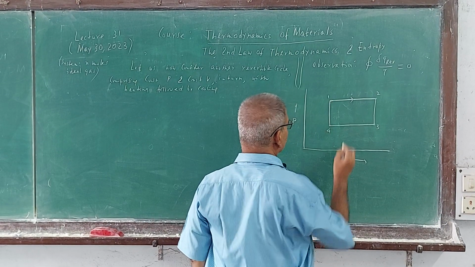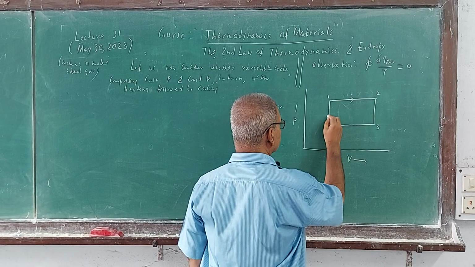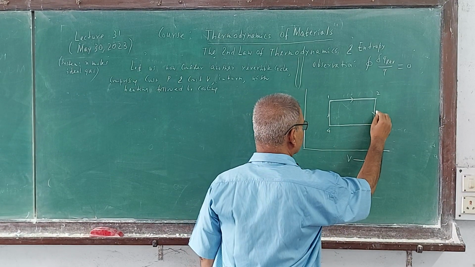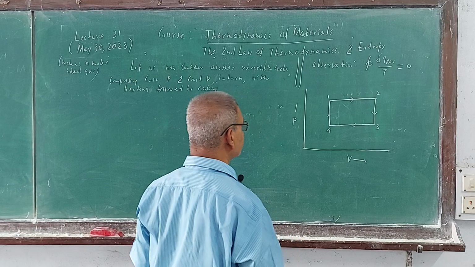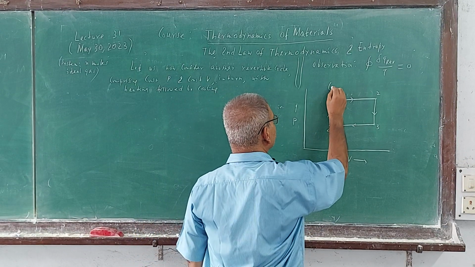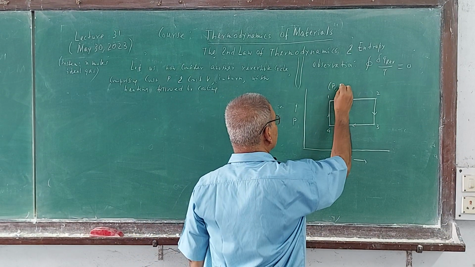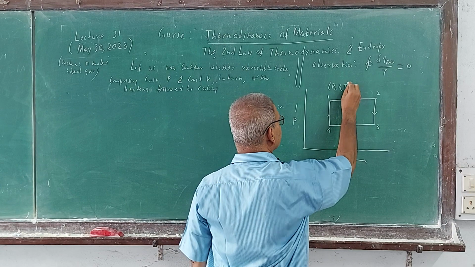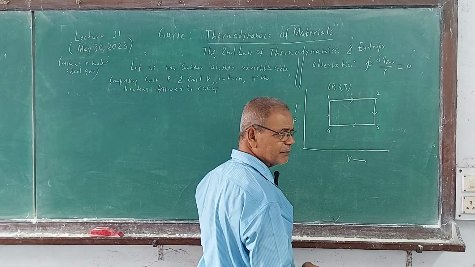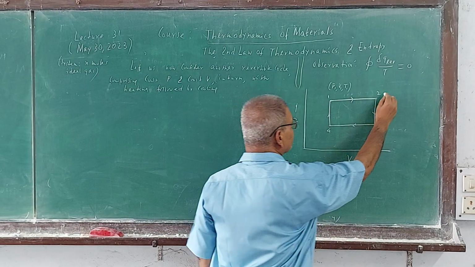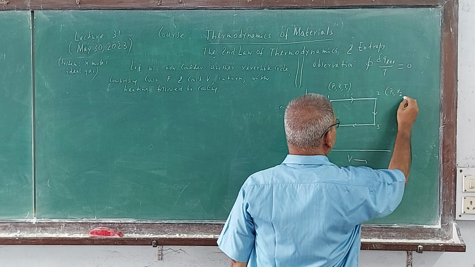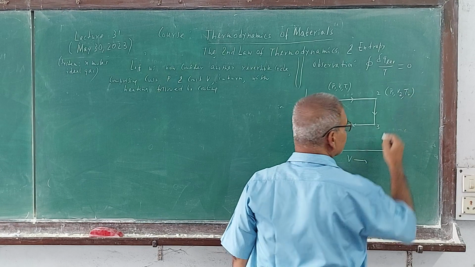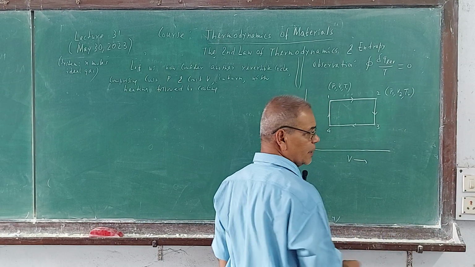So, this is our cycle. Constant pressure, constant volume type cycle. What is assigned here? What is the state? P1, V1, T1.